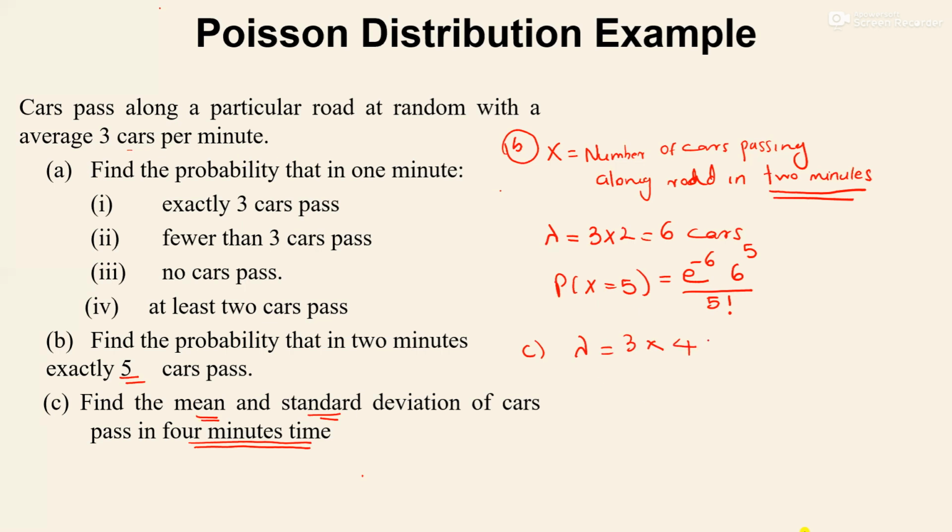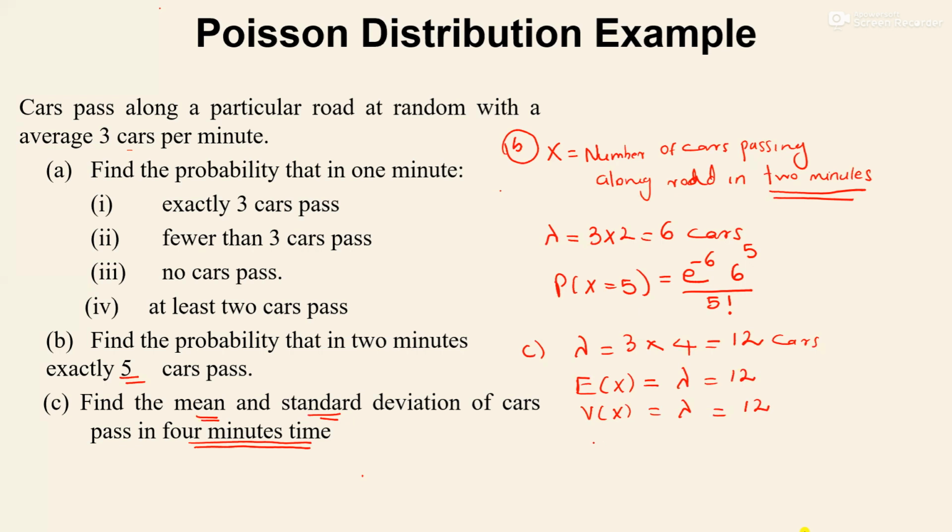So lambda is equal to 3 into 4, 12. So for the Poisson distribution, the expected value of X is equal to lambda, that is 12. And the variance also is equal to lambda, that is 12.